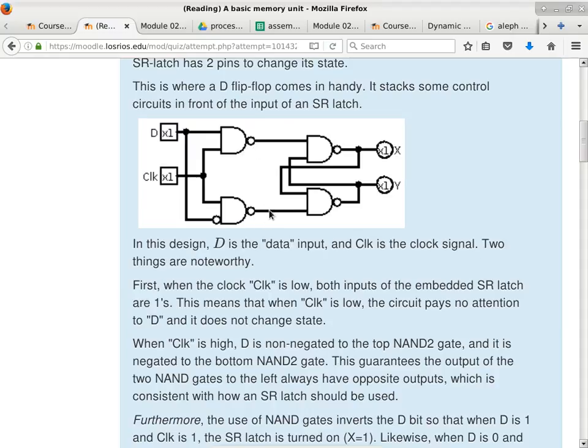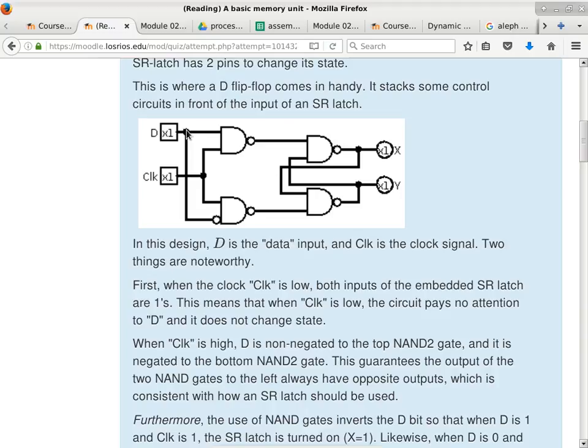But this line is known as /R with an SR latch, which means we are clearing X, which is basically Q. In other words, when clock is 1 and D is 1, we remember it. We change the state to 1. When CLK is 1 and D is 0, we change the state to 0. We remember 0.